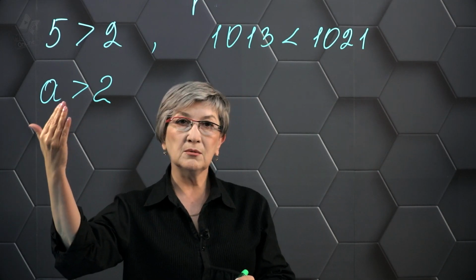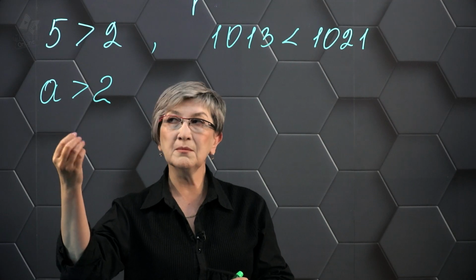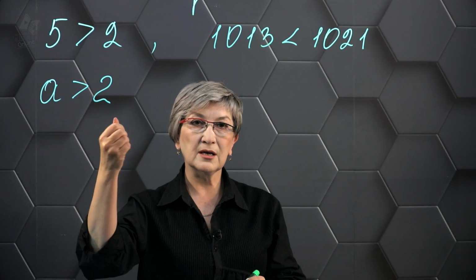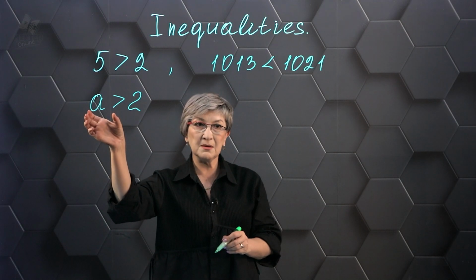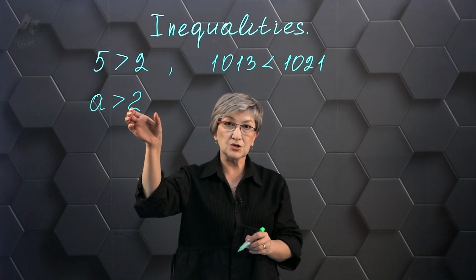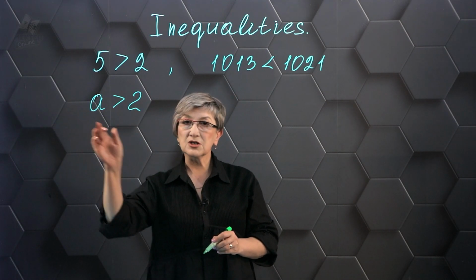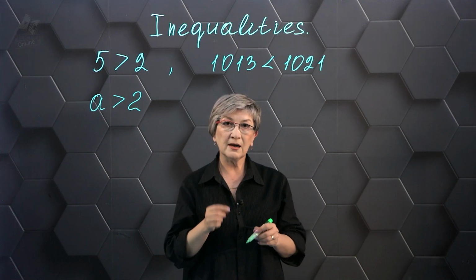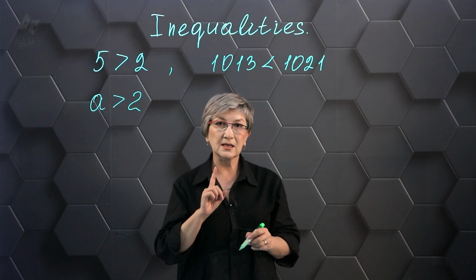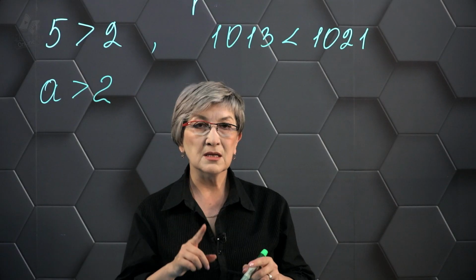Why? Because we're comparing two expressions. Even though we have a variable on the left-hand side and a number on the right-hand side, this expression is called an inequality. So, inequalities in math are expressions that are related to the following signs.